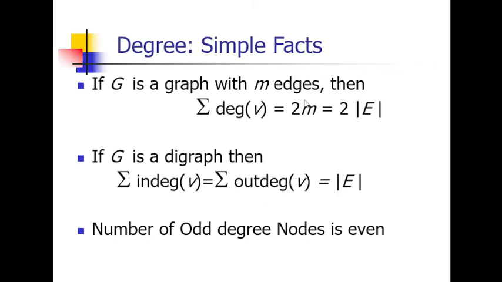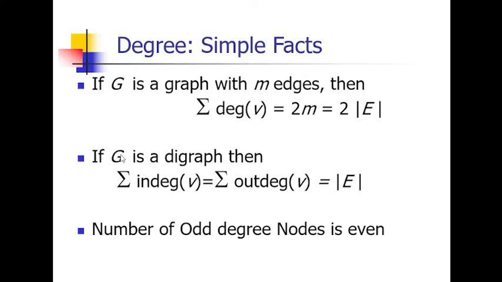Here m is the number of edges, or m is nothing but the cardinality of E. What is E? The set of edges. So it is 2 times the cardinality of set E, or 2 times the number of edges. Since it is 2 times something, it is always an even number. So our total degree will always be an even number.